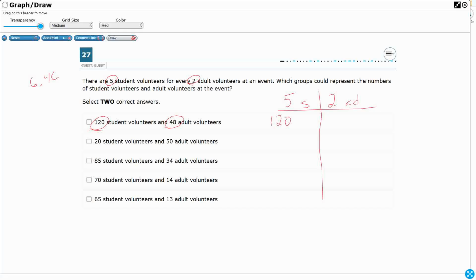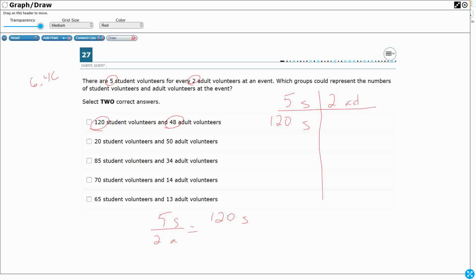So you see here, this is almost turning into a little bit of a proportion, right? So 5 to 120. All right, so I'm thinking 5 times what, if I were to make equivalent fractions, right? If I were to do 5 students, 2 adults, I'm thinking that 120, right?